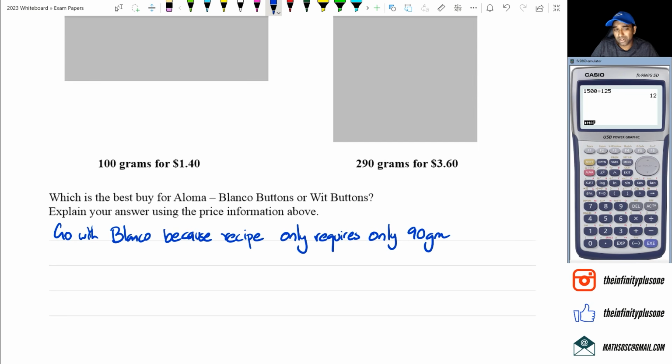It sells 100 grams for $1.40. You spend $1.40, you get 100 grams, and 90 grams of that goes into the recipe as white chocolate buttons.